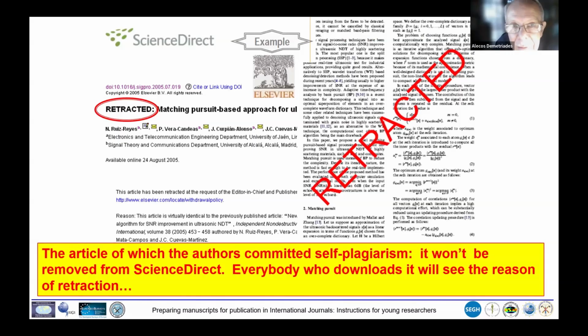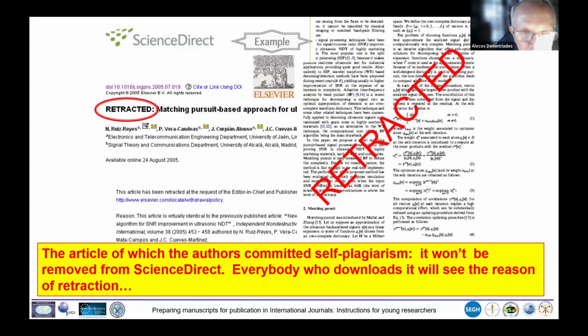And here is what happens if you manage to do all these bad things. This article was retracted and is on the website and will remain there, and it won't be removed from Science Direct. Everybody who downloads it will see the reason for its retraction.